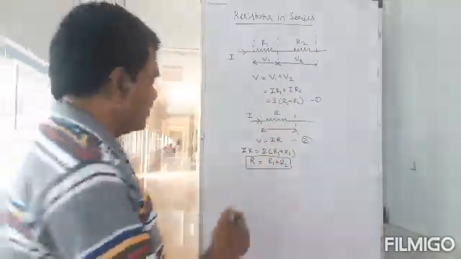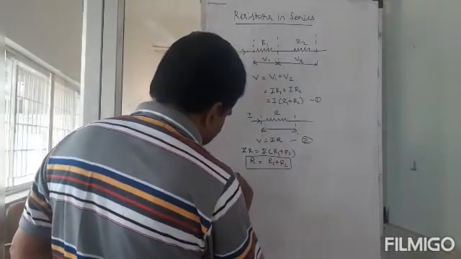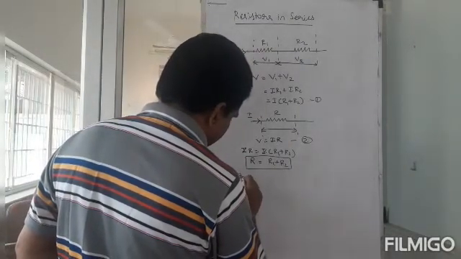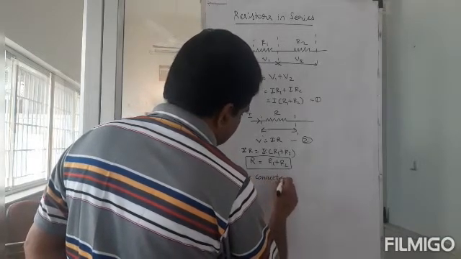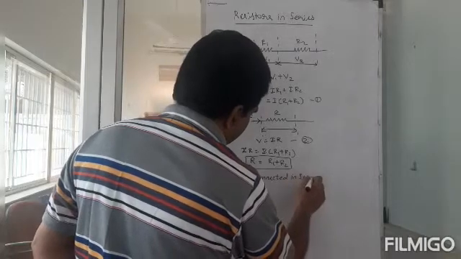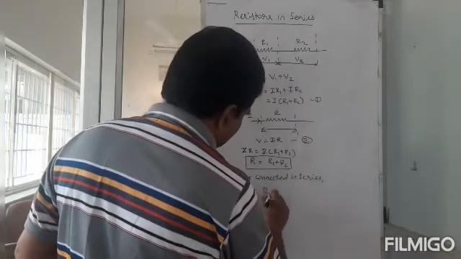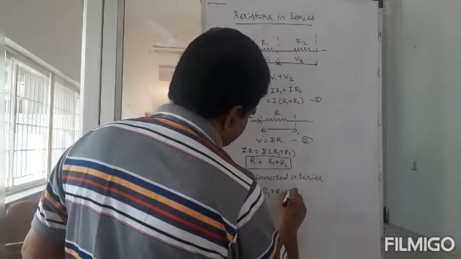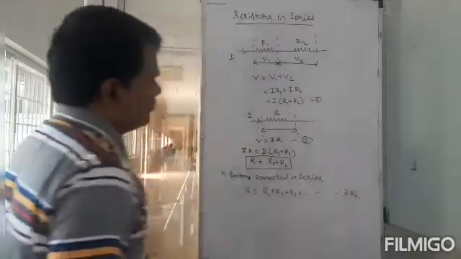So in general, if you have n resistors connected in series, then effective resistance R is equal to R1 plus R2 plus R3 all the way up to Rn.